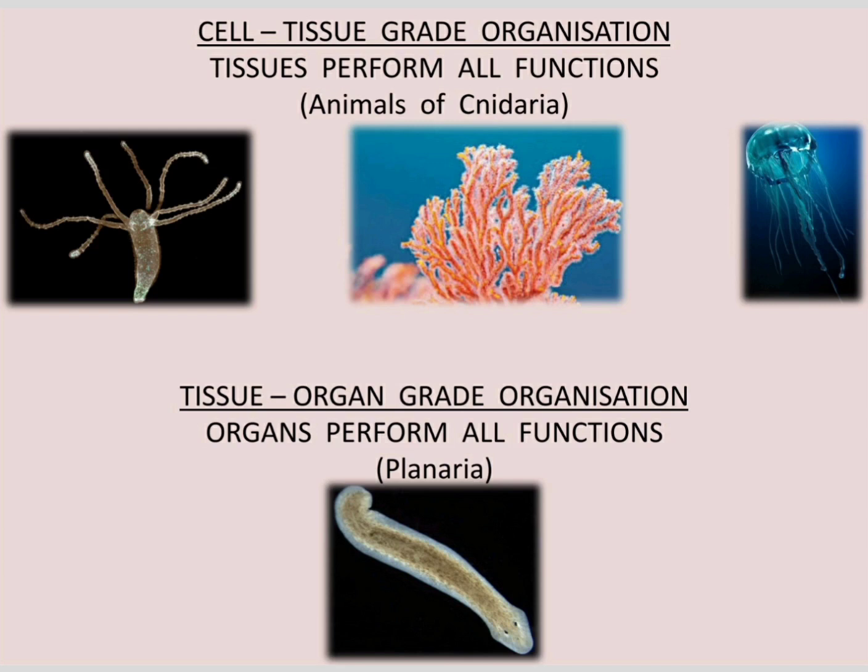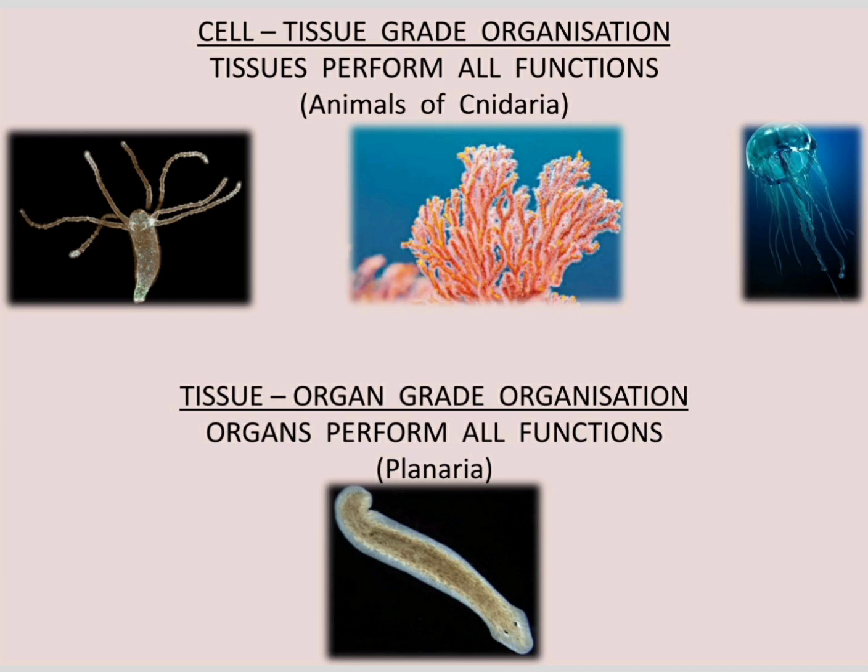So this is called the cell tissue grade organization, wherein the cells and the tissues come together to perform all the functions. And this kind of organization is seen in animals belonging to the phylum Cnidaria. Okay. The next is tissue organ grade organization.